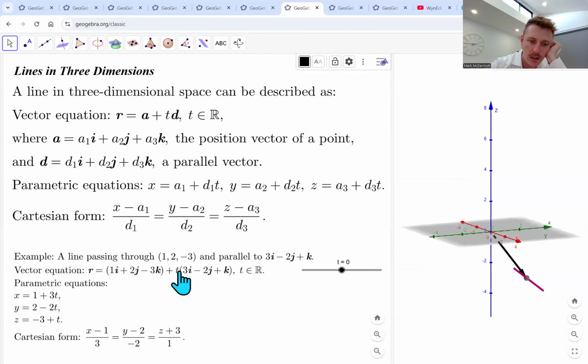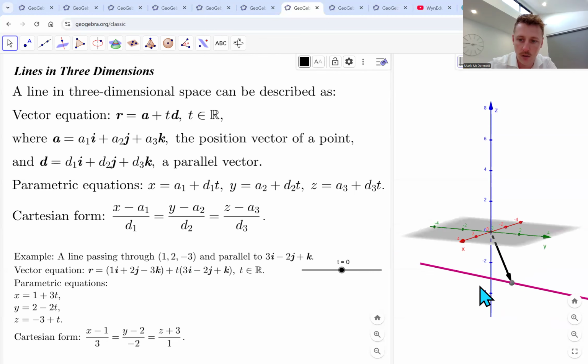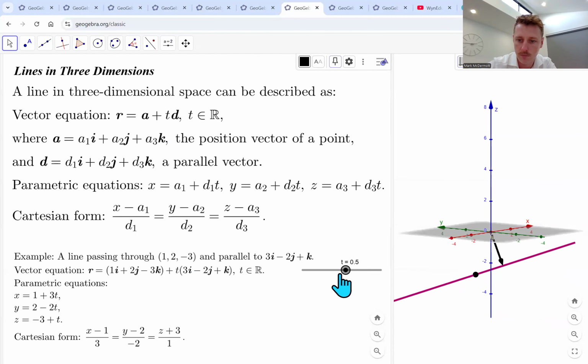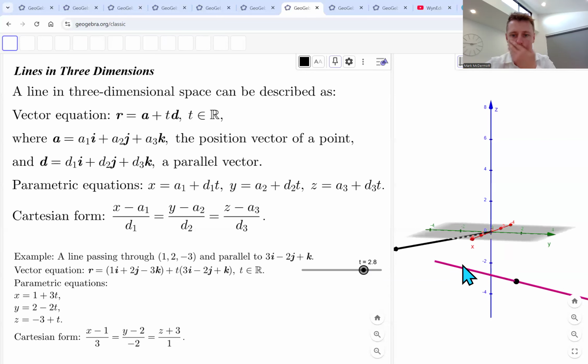All right, and then this here incorporates the direction into it because the line we want has to be parallel to this vector. And so, yeah, we get this. That is what this line is. As t changes, we obviously trace out that line in space. You can see that point is traveling along that line.